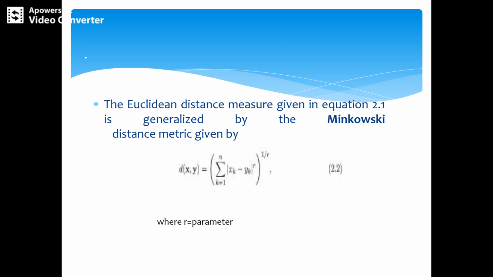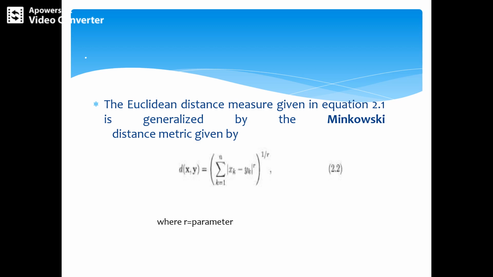Here there are two sets of points, x and y, and the distance matrix contains the pairwise distances of these points. The Minkowski distance is d(x, y) equals the summation from k equals 1 to n of the absolute value of xk minus yk, to the power r.